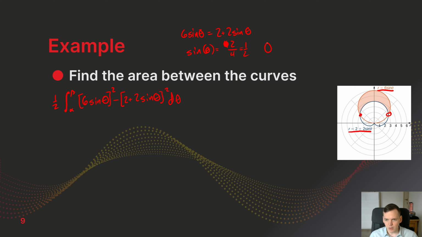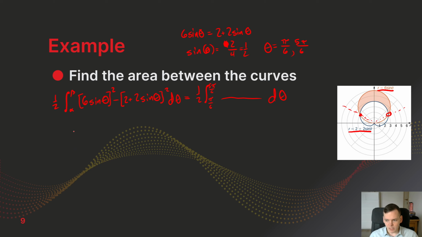And that means that we're going to get theta equals pi over 6 and 5 pi over 6, because those are the first two places where sine is 1/2: sine of pi over 6 is 1/2, sine of 5 pi over 6 is 1/2. And that makes sense when you look at your graph here. That's about 1/6 of the way around, and this is about 5/6 of the way around. So that means we can rewrite this as 1/2 integral from pi over 6 to 5 pi over 6, and then all the rest of the stuff, d theta.